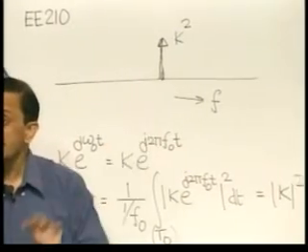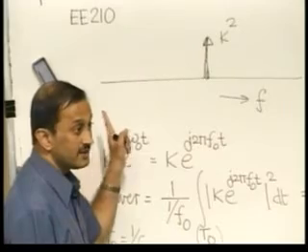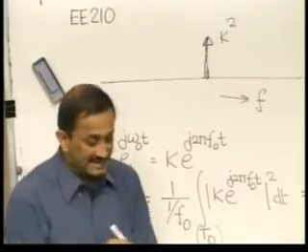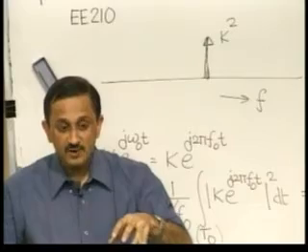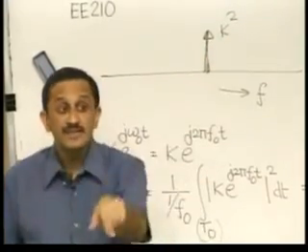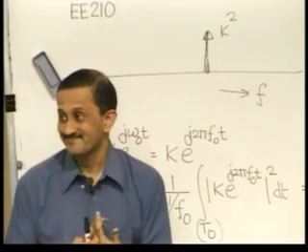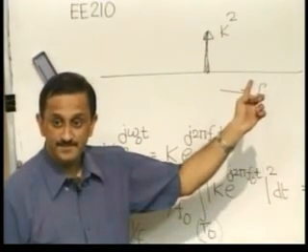What is the physical significance of this? If I take the inverse transform of this, it really tells me that there is a concentration of energy of value k squared at the frequency f naught. So this has a significance, right?